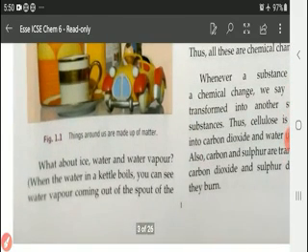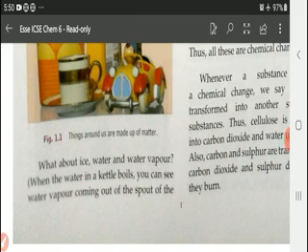So what about ice, water and water vapor? Do you know about these three things? How water vapor forms, how ice forms, from ice how water forms. We know that water vapor is formed by the boiling of water.